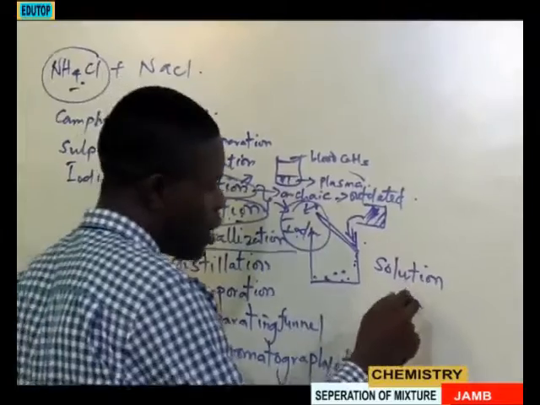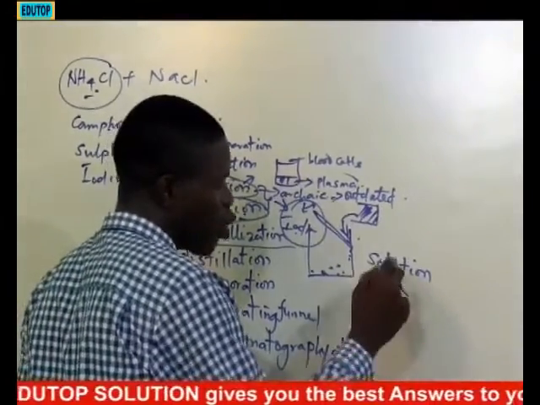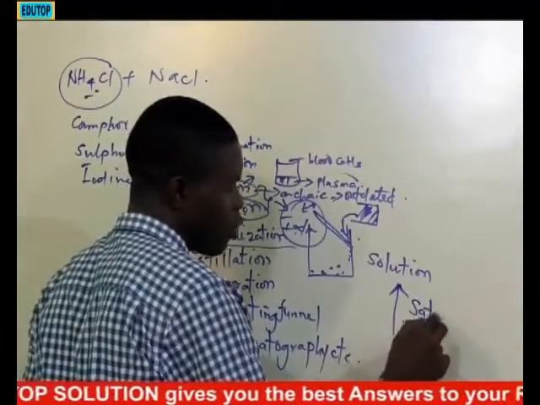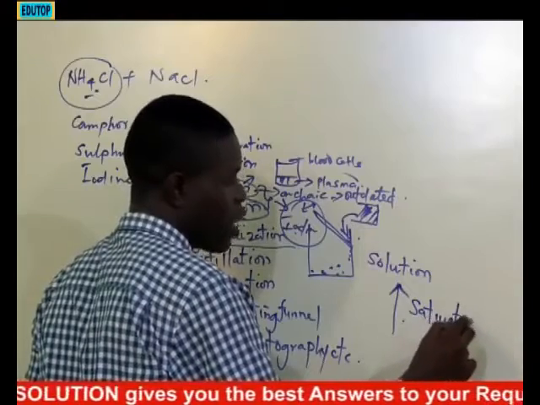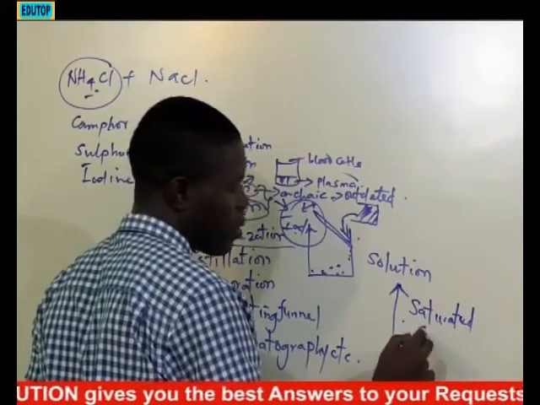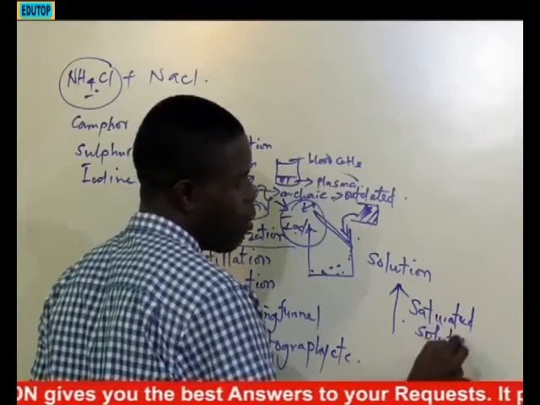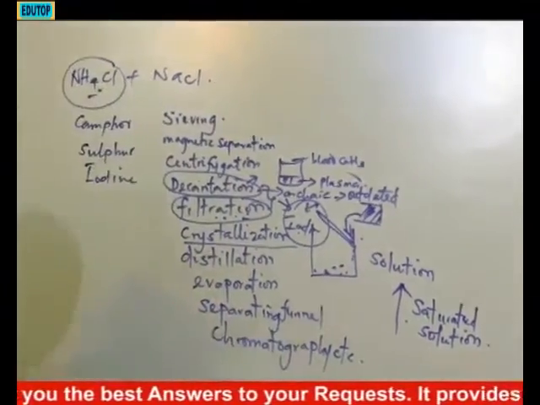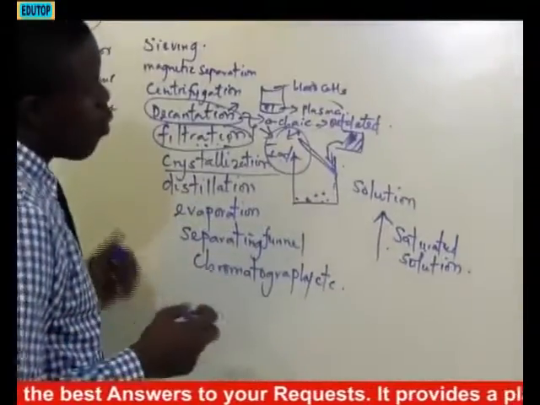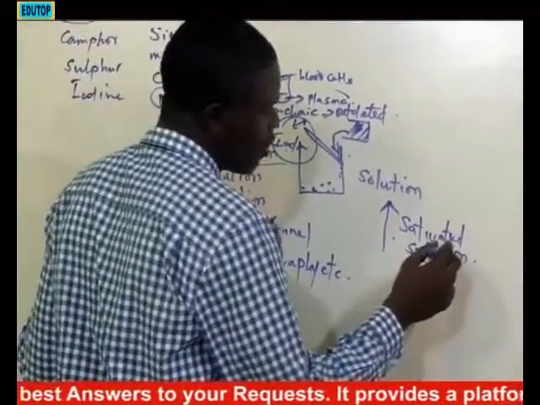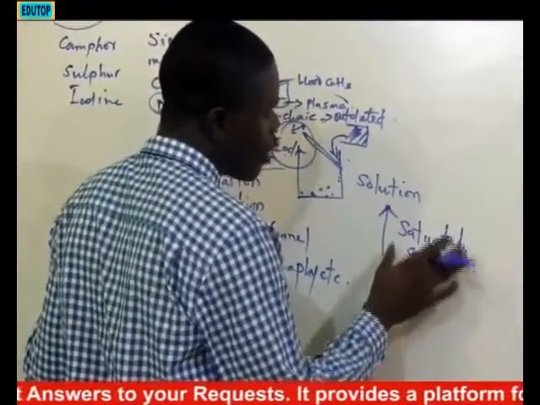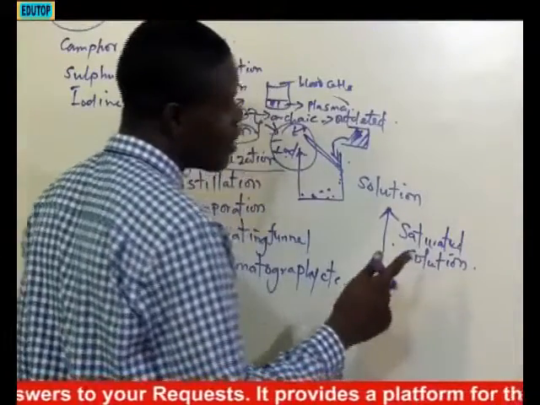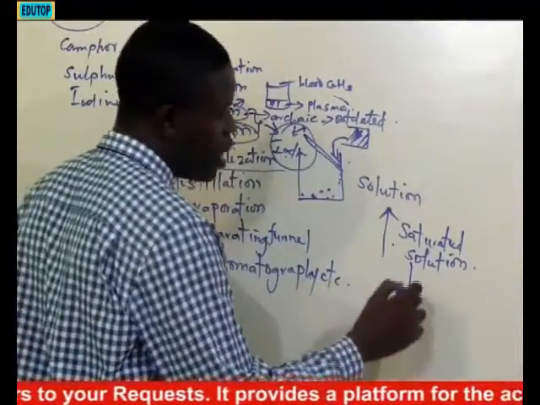So when you now heat it, at a point, the solution is said to be saturated. The solution is said to be saturated when some of the solvents have been lost. So at that point, when you now have a saturated solution, the next thing to do is to cool it.